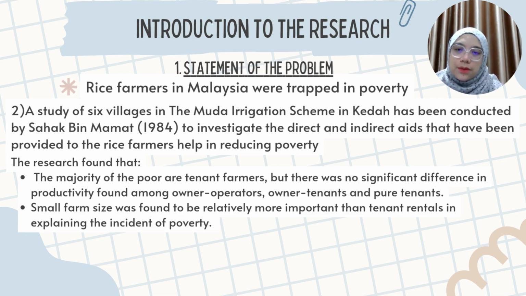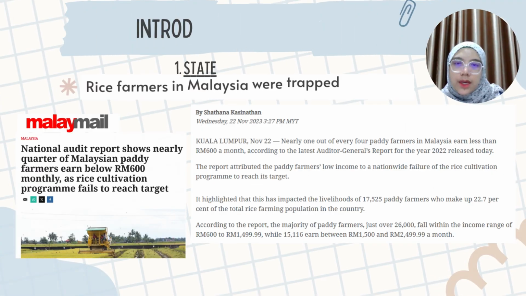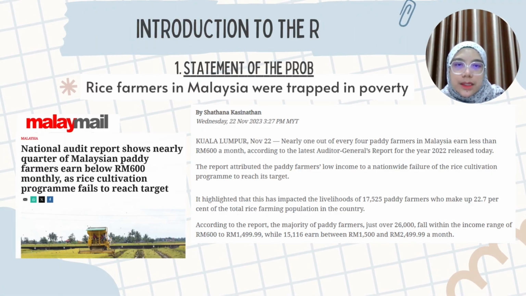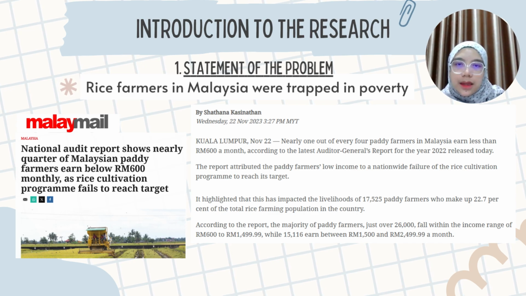Small farm size was found to be relatively more important than tenant rentals in explaining the incidence of poverty. Based on the press release, the income of rice farmers still indicates they are in poverty. With the time gap between 1984 and 2020, rice farmers still have not fully managed to get out of poverty.